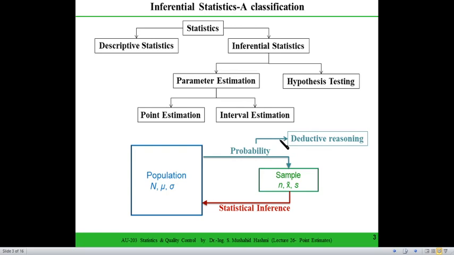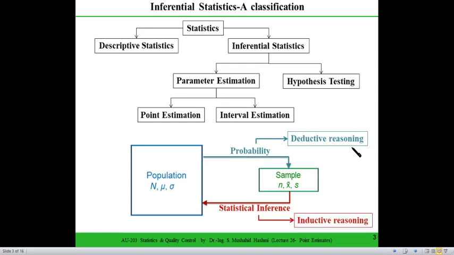So deductive reasoning means the specific information about a sample can be deduced from a general theory. If you make deductions from a general theory to reach a specific conclusion, that reasoning is called deductive reasoning.